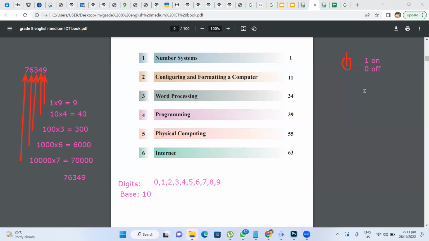If electricity is not there, it will turn off. A switch can understand that. If you turn on the switch, it will pass the electricity. If you turn off the switch, it will not pass the electricity. A wire can understand that. If electricity is there in the wire, yes, there is some voltage, but if electricity is not there in the wire, then no voltage, no power.